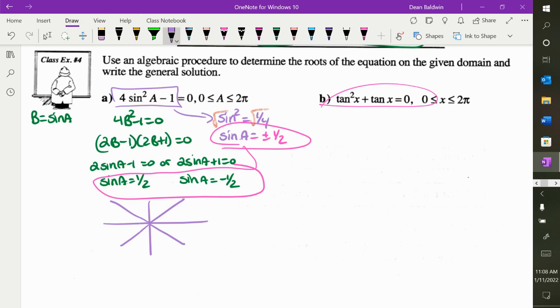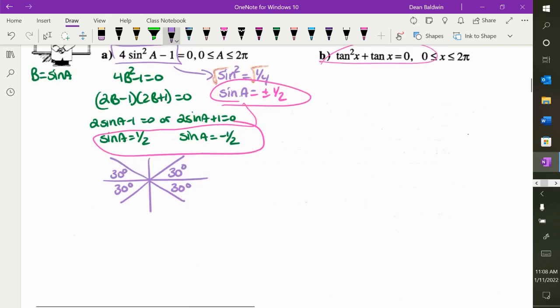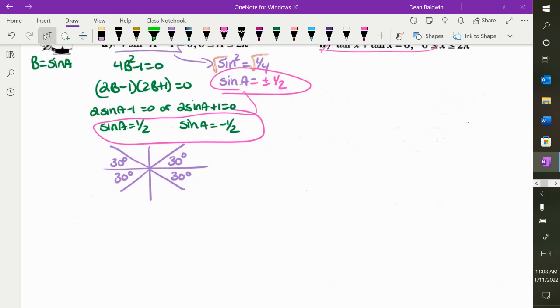What's my reference angle? 30 degrees. Does that make sense for answers?